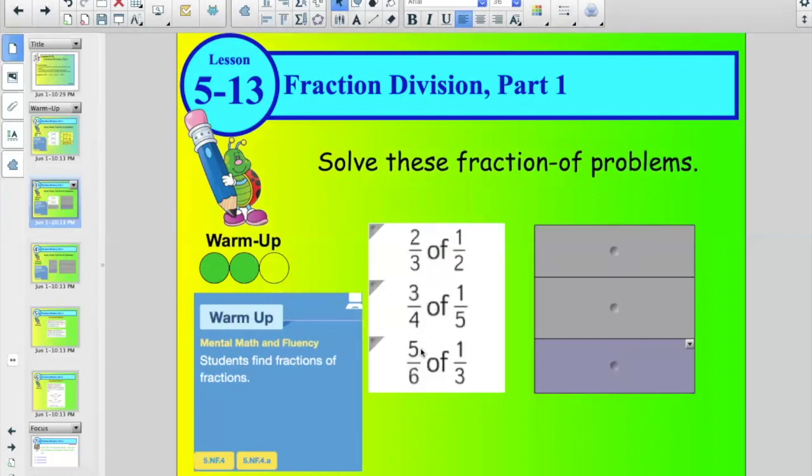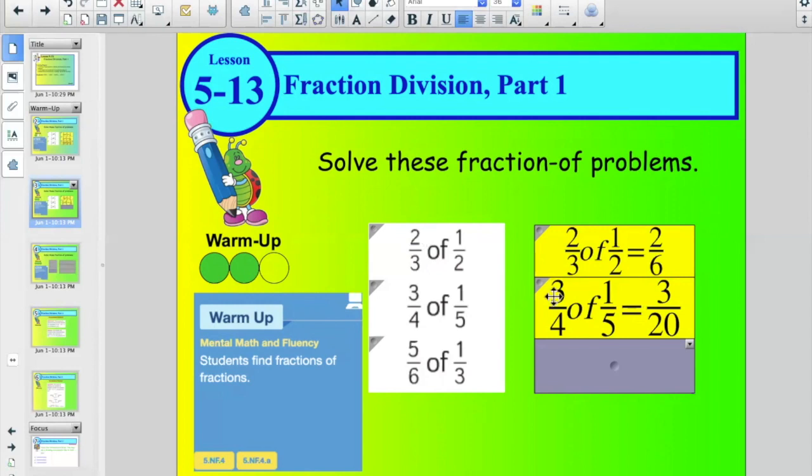Again, you can pause the video and then just solve the problems and then press play to come back. Okay, 2/3 of 1/2. That's 2/6. And 3/4 of 1/5, that's 3/20.